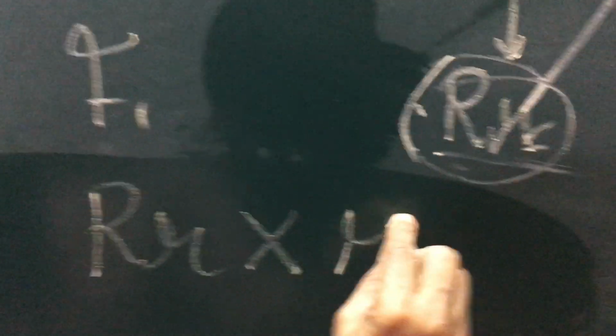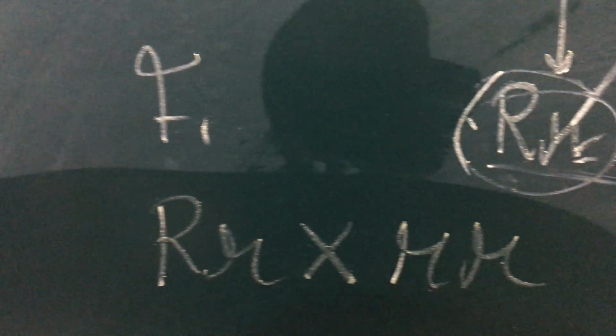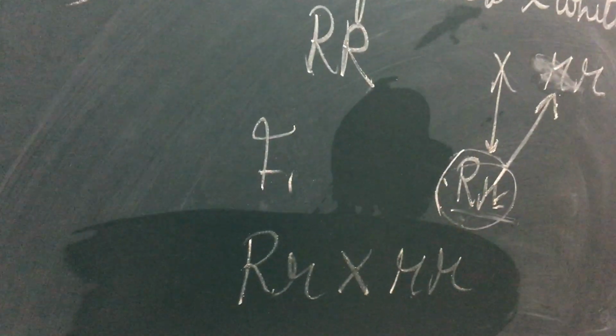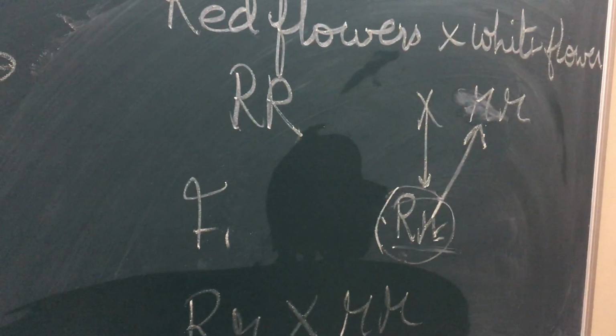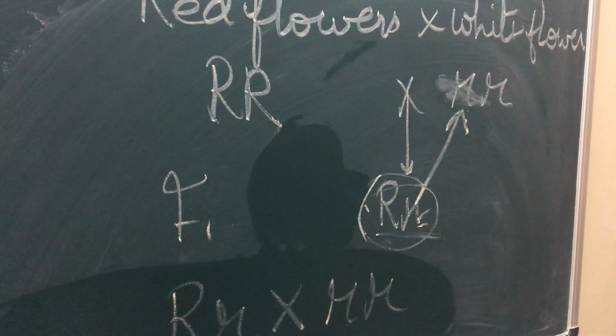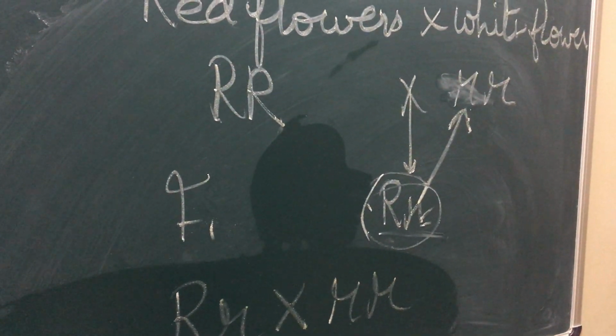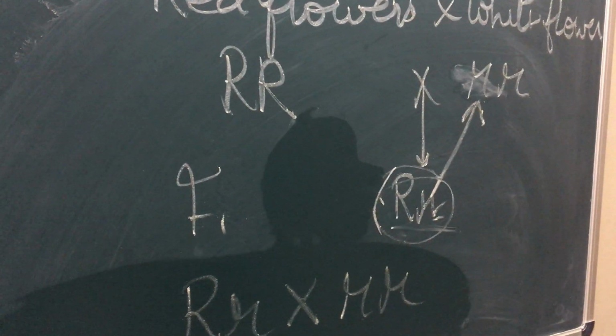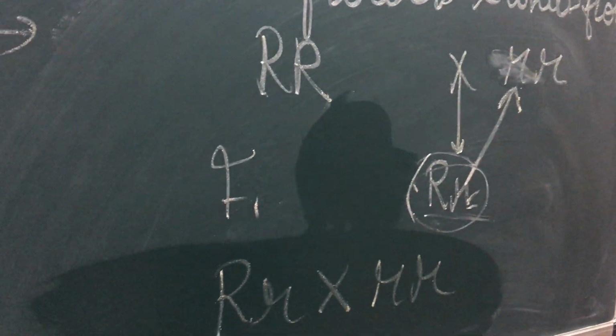That is, this F1 generation is to be crossed with the recessive parent. Understood? What is the difference between back cross and test cross? In back cross, the F1 offsprings are crossed with either of the parent, but in test cross, the offspring of F1 generation are crossed with the recessive parent.